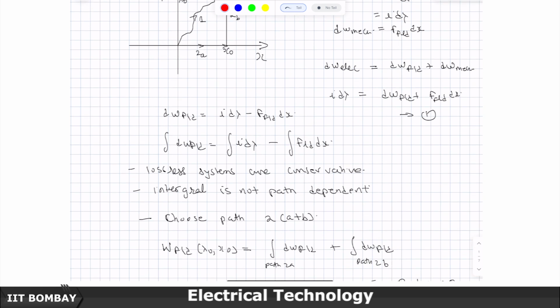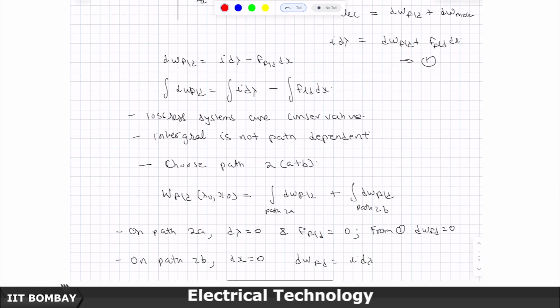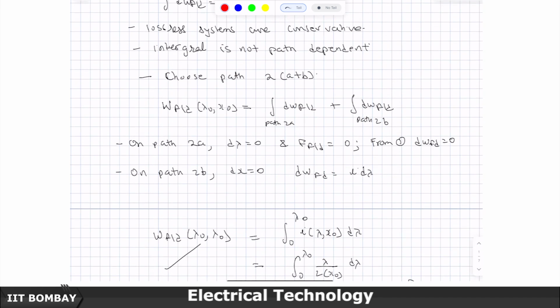That is why a mechanical source is also shown here, and having reached x naught, only the lambda has to change to lambda naught.